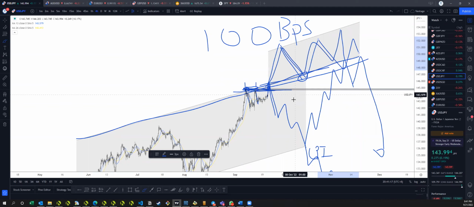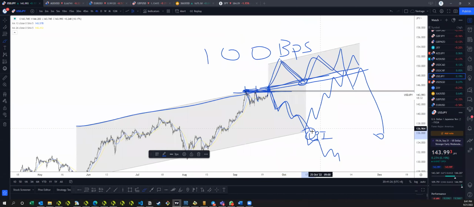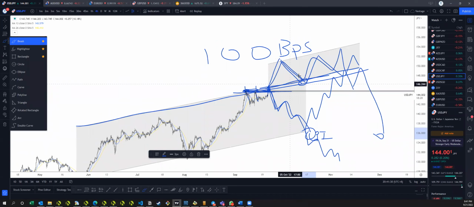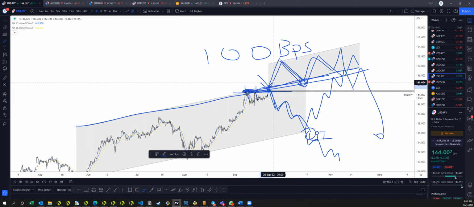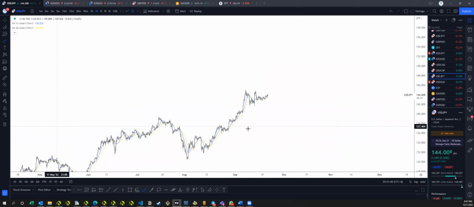If it's a 75 basis point and you want to be a bull, you will probably want to wait till it comes down to retest the bottom of this channel before buying again. But these are where you want to buy; it doesn't mean that you have to sell here. If you want to scalp it, you might, but it has to break below this liquidity here, break, retest, and then it goes down. It'll be dangerous to be a seller, but if you know what you're doing, feel free to go ahead.